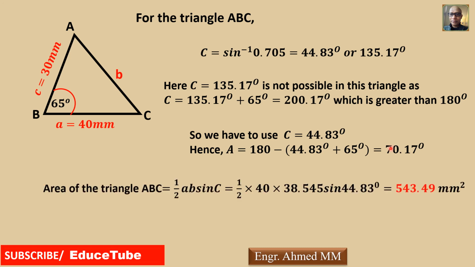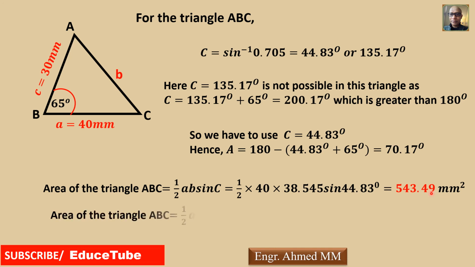Now it is very easy to find the area of the triangle. Half AB sine C, because the angle in between A and B is C, so we use the C angle. Then I got 543.49.